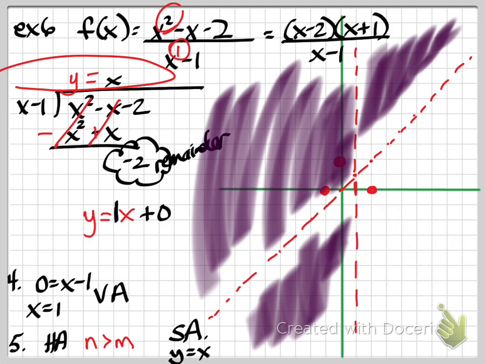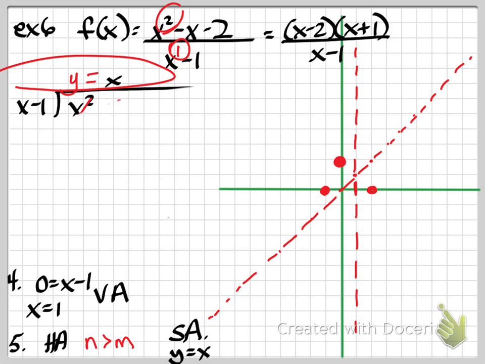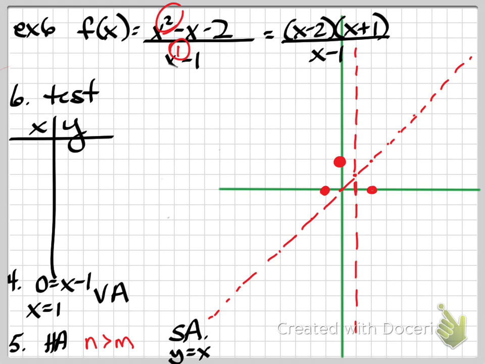We'd like to know what region our graph is going to appear in. So we will do step 6, where we test some points. We're going to look to see what all intercepts the x-axis. So I've got an x-intercept, so I wonder what's going on over here to the left of that.